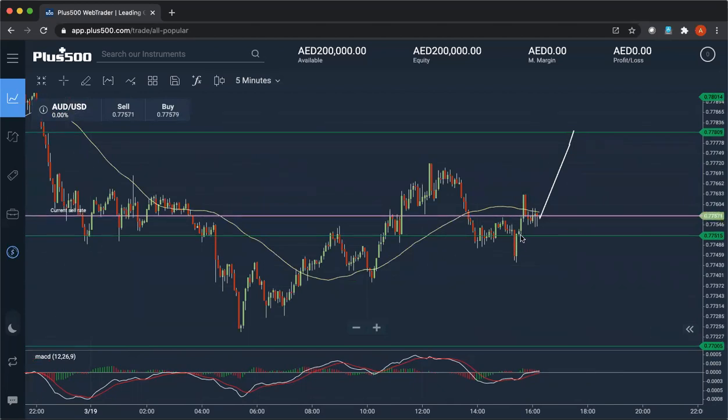This is acting as support. So you can set the stop loss here, take profit here. Profit, stop loss, and entry.